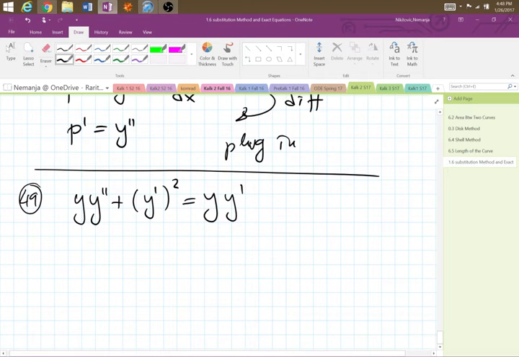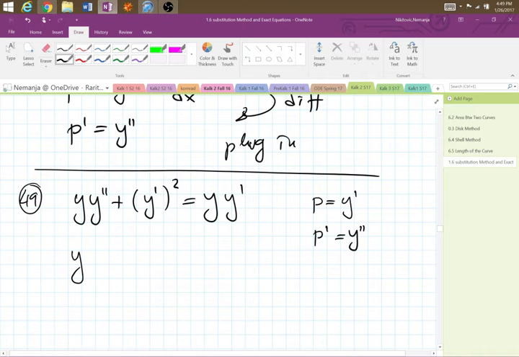So I'm going to say that p, which is the new variable, is y prime, which means that p prime is y double prime. And I'm going to plug all of that in. Now, y stays y, right? So if I plug all of that in, I get y, and then y prime in terms of the... okay. So we'll deal with that.